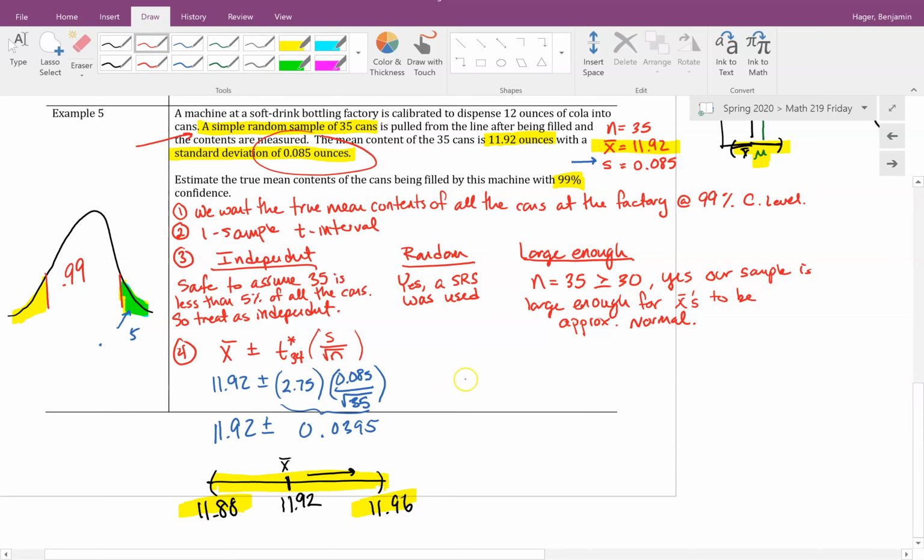So the last thing, state our conclusion. We are 99% confident. Oops, what is this thing doing over here?